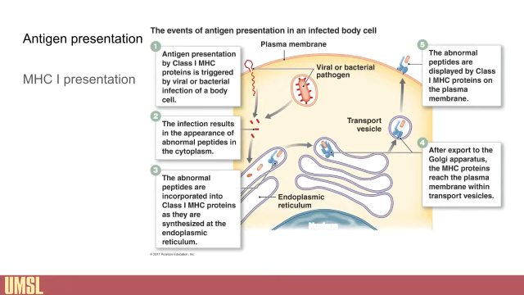So, I've given a couple diagrams, and then we can kind of walk through this. So actual formation of these class 1 MHCs is triggered by viral or bacterial infection of nucleated cells. So things that are not antigen presenting cells.